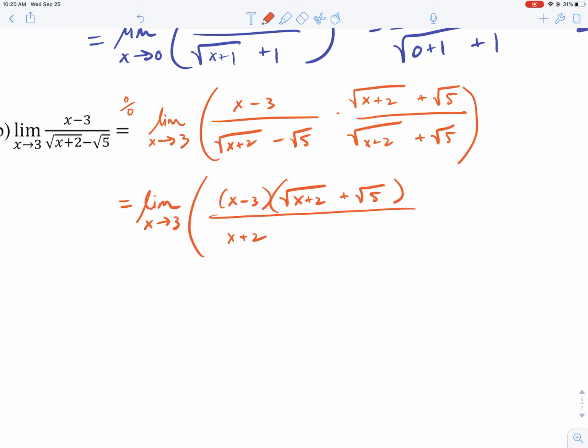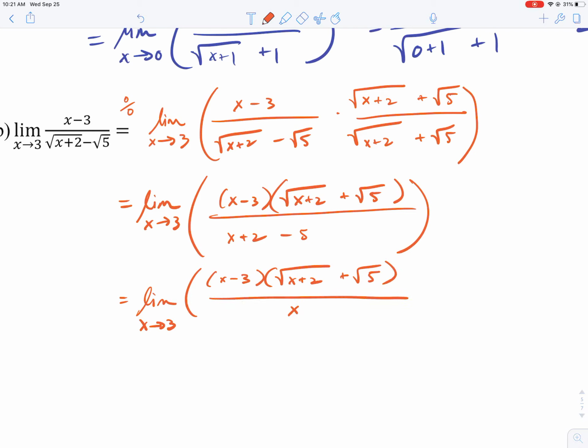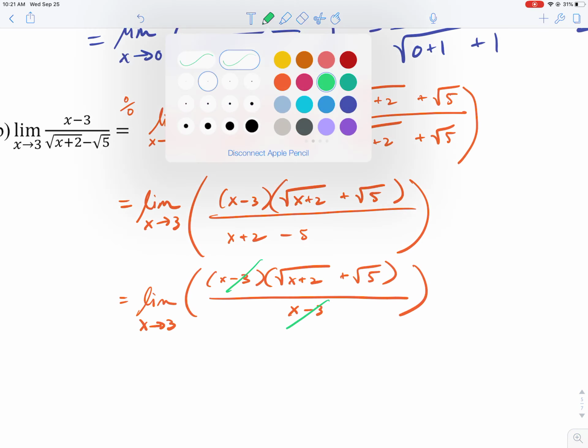And then negative root 5 times root 5 will be just minus 5. Okay, so we'll have x minus 3 times root x plus 2 plus root 5 over x minus 3. And yep, you can see the x minus 3's can cancel.